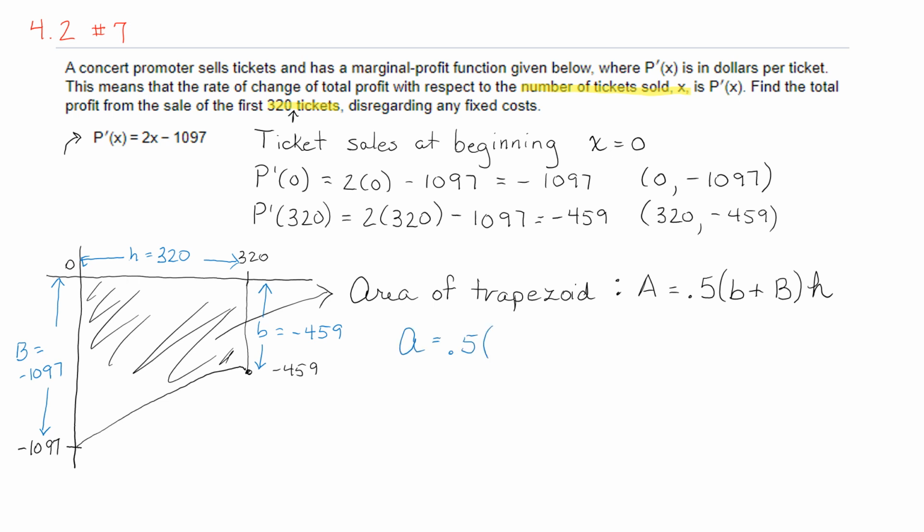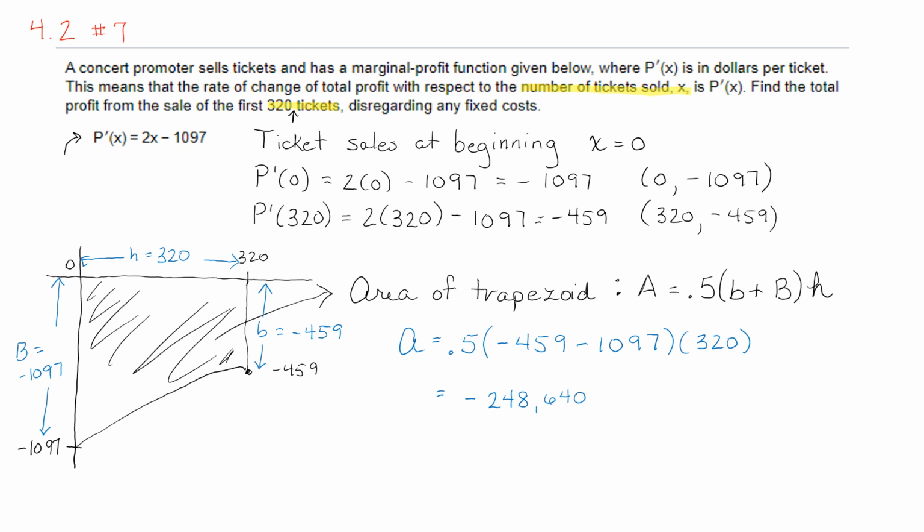So 0.5 times a negative 459 plus a negative 1097, and that's going to be times the height, which was 320. And when we do our calculations, we will get a negative 248,640.